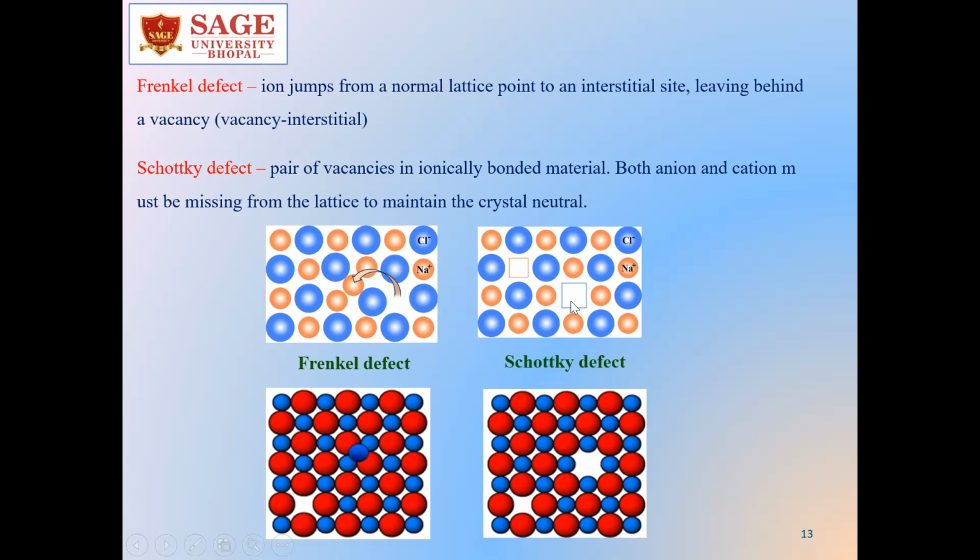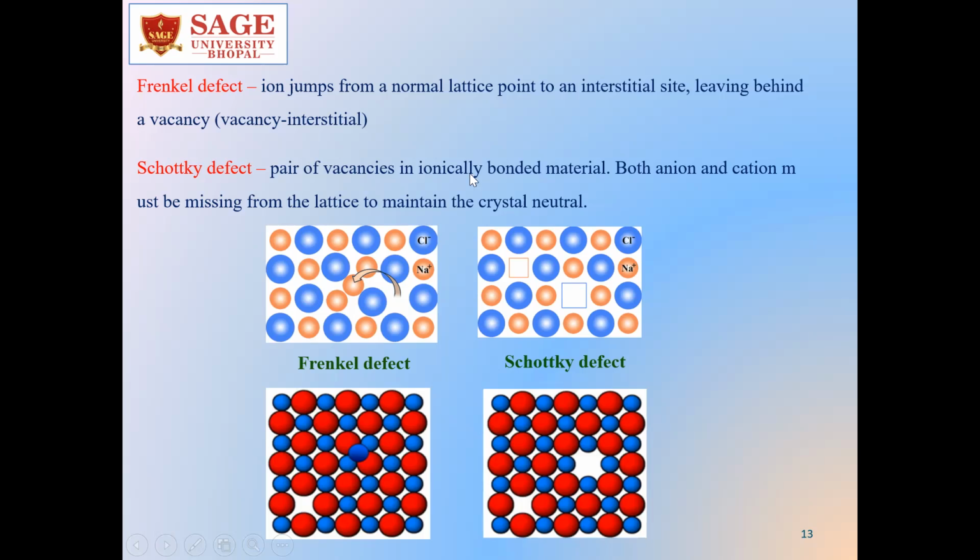So a vacancy is created. So this one is known as Frenkel defect. Here we can see that only one ion in NaCl, only Na plus, is leaving its position and going somewhere else. So this is known as Frenkel defect.